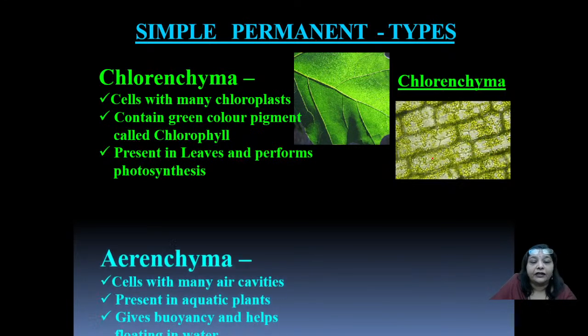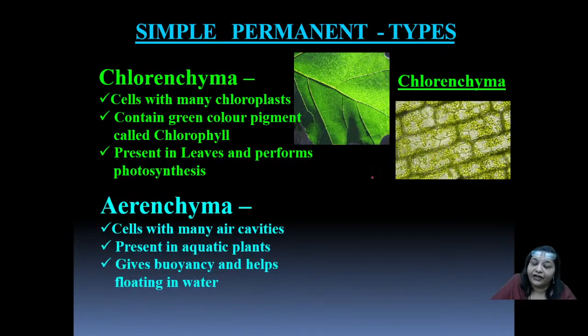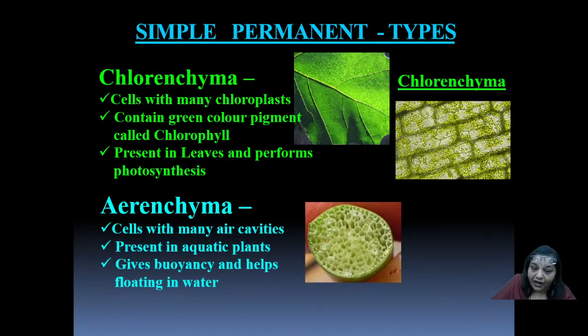So these Chlorenchyma tissues, you can see here, contain lots of chloroplasts, and that is why they are green in color. The next subtype of parenchyma is when the cells contain many air cavities. You can see the tissues with many air cavities. They are present in the aquatic plants, right? Like the lotus plant, okay. Here you can see the petiole of the lotus, where you can see large air cavities.